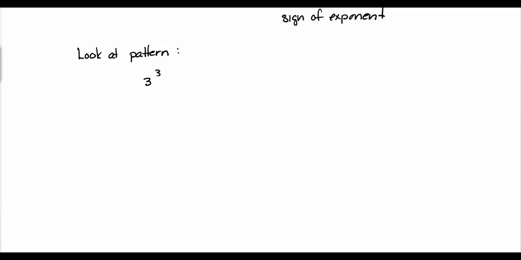We know 3 to the 3 is what? 27, right? 3 squared is 9, right? 3 to the 1 is just 3. And we said 3 to the 0 is 1, right? So what are we doing?